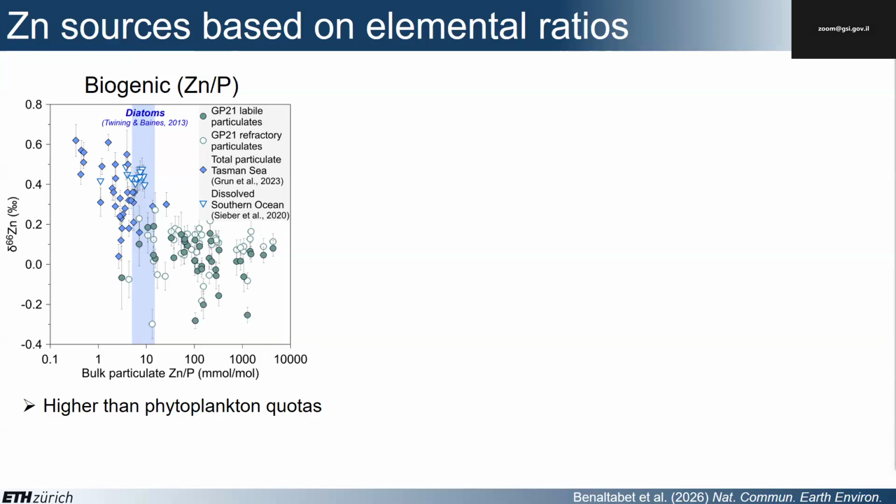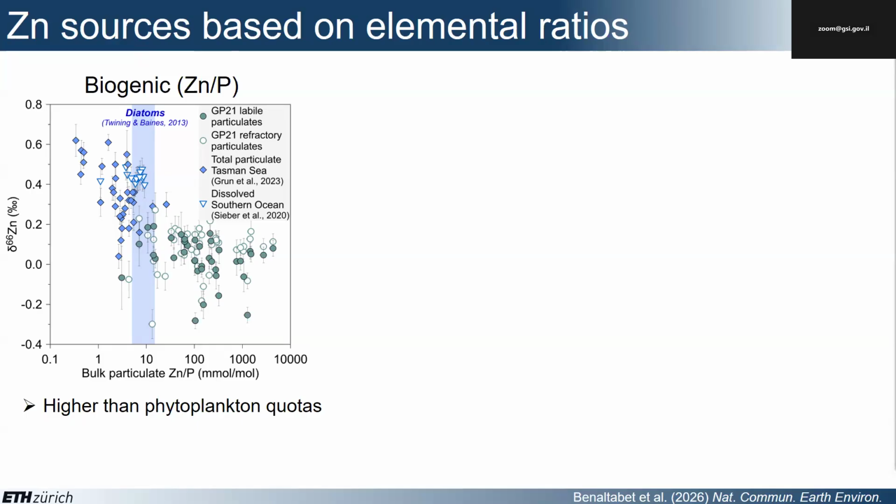So for example, here, this x-axis represents zinc to phosphorus ratios in particles, and the y-axis represents the isotope composition of particles. We have a pretty good idea of what the zinc to phosphorus ratios should be in natural phytoplankton or diatoms, and this is between 5 and 10. So it's a pretty small range.